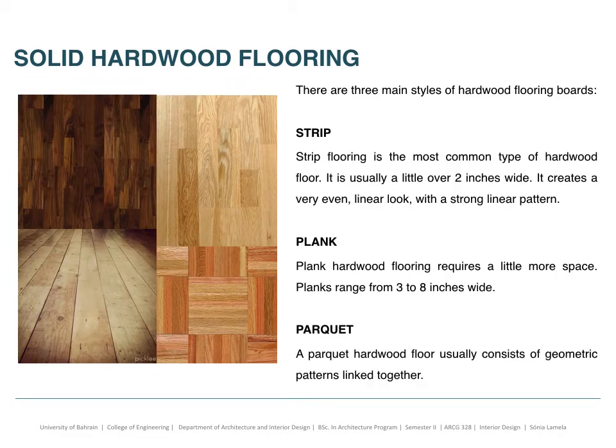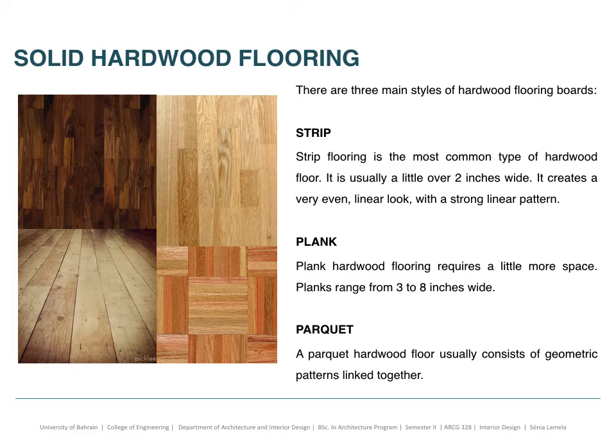There are mainly three styles of hardwood flooring boards. We have the strip, which is the most common type of hardwood. It's usually about 2 inches wide and creates a very even linear look. Then we have the plank, a flooring that requires a little bit more space.